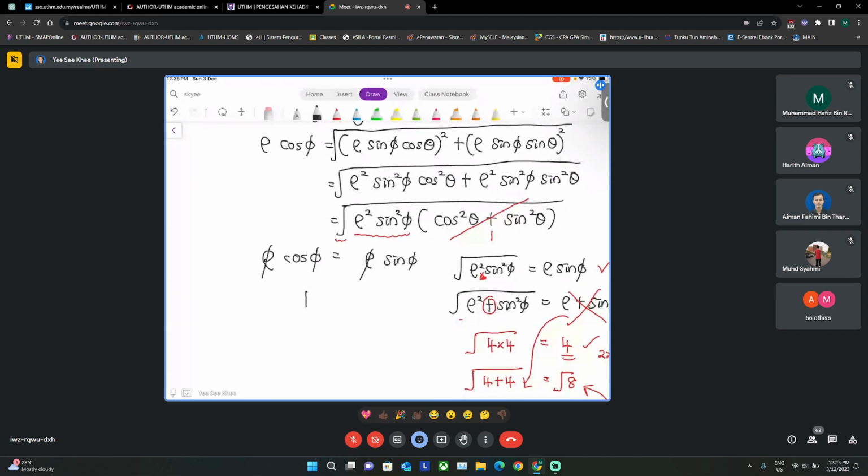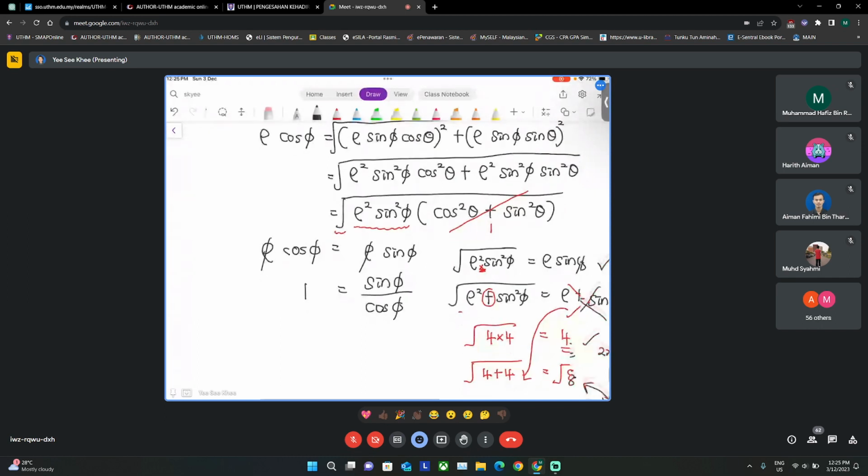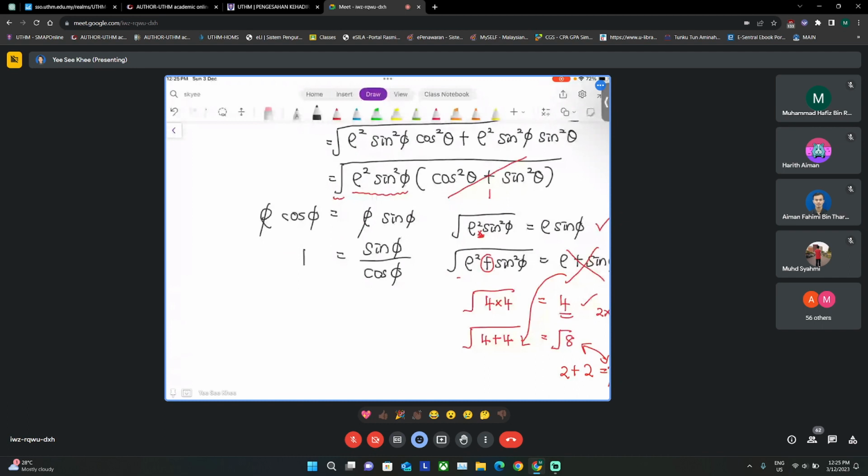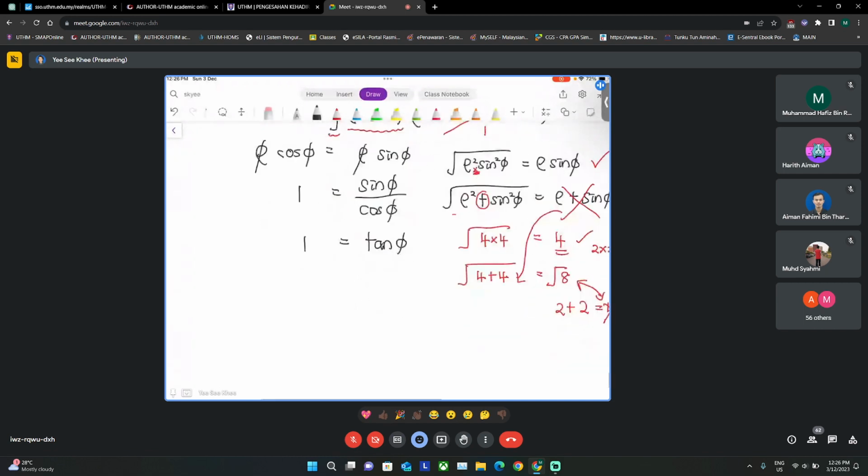So here left 1. So you have the sine phi over cos phi. Okay. So sine phi over cos phi equals to tangent phi. So if you press calculator for this one, you can get your phi equals to pi over 4. Okay, which is 45 degrees.